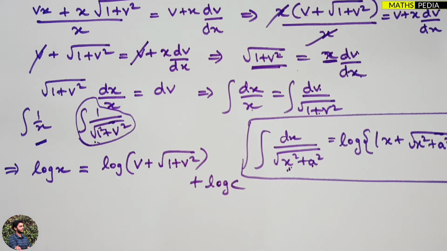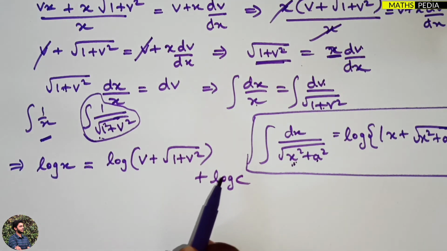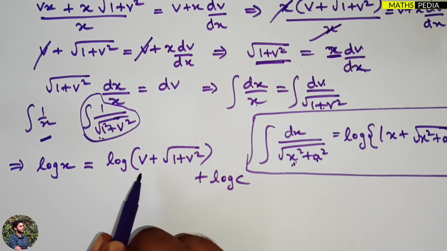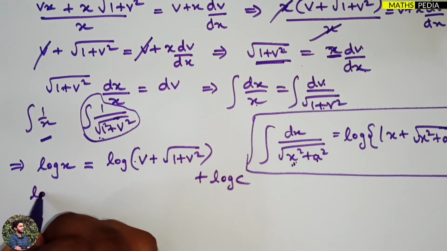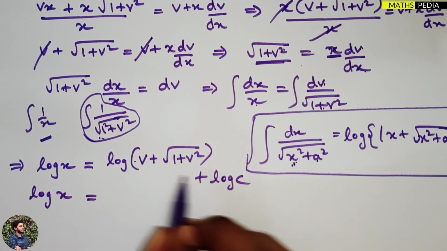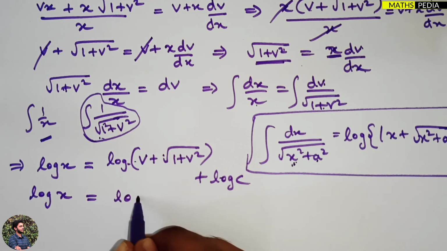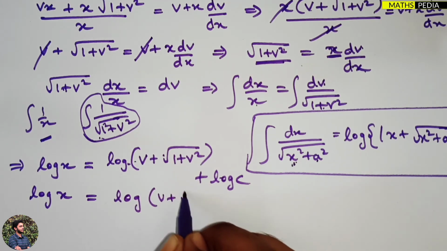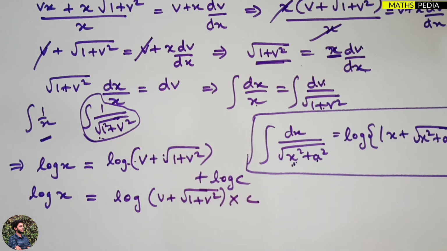I add log c, not just c, since two terms contain logs. After this, these two are in multiplication form, so log x is equal to log a plus log b is log ab: log of v plus root 1 plus v square into c.